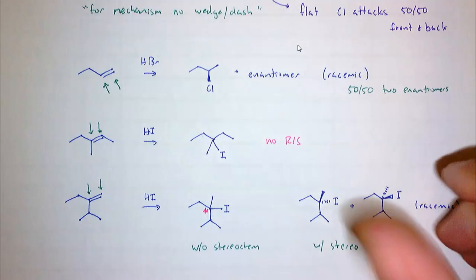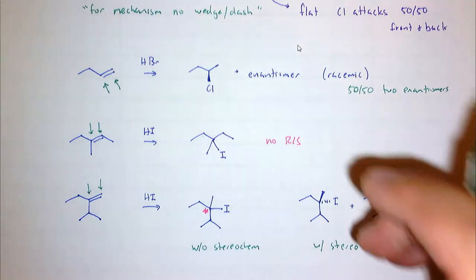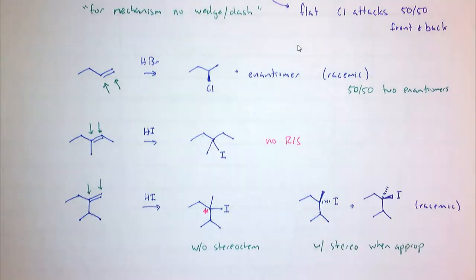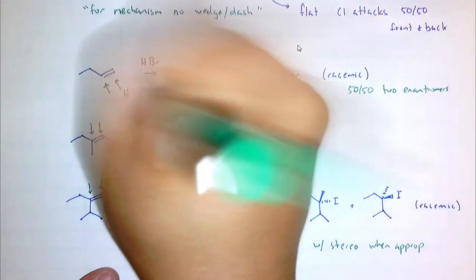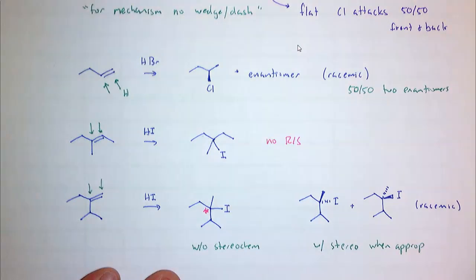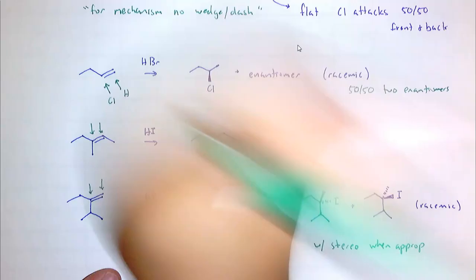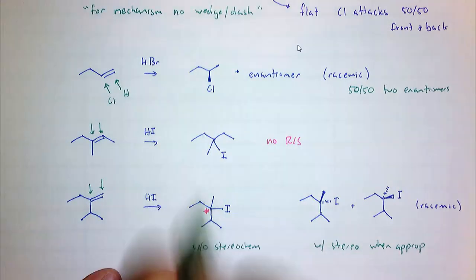Before we go on to the next reaction, some people understand Markovnikov's rule as the rich get richer. The rich get richer. And the money is hydrogen. So if this carbon has 2 hydrogens and this carbon has 1 hydrogen, the rich get more hydrogen and the poor get the leftover. Oh, did I mess that up?